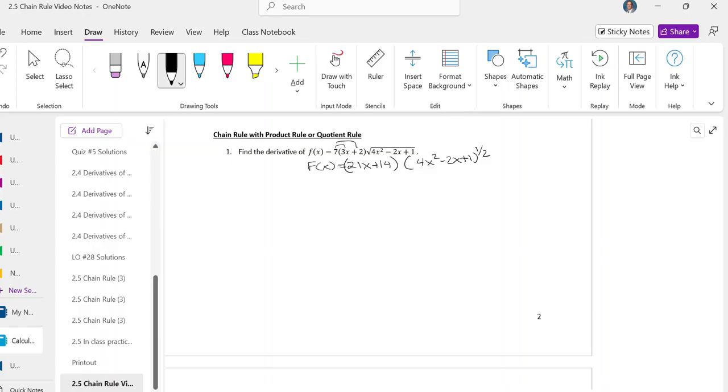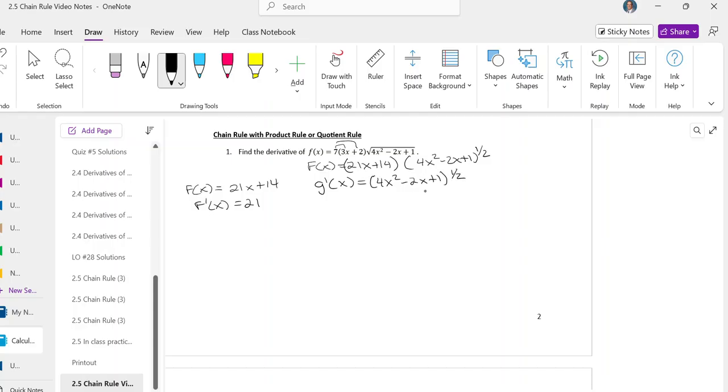So your product rule here, one function, the first one, is 21x plus 14. The derivative of that is just 21. The second function is 4x squared minus 2x plus 1 to the 1/2 power.